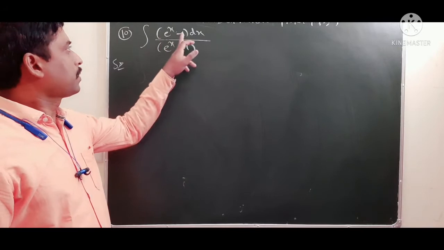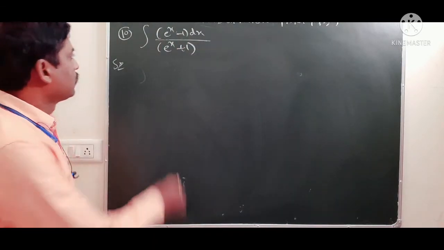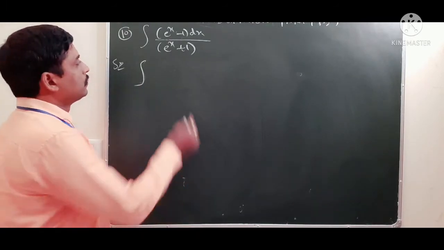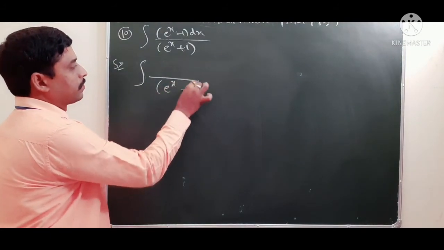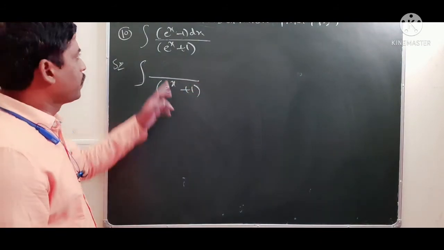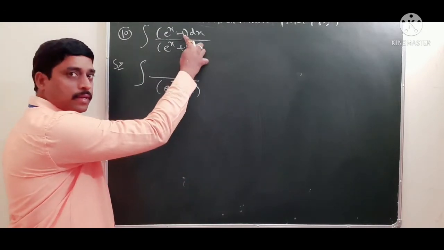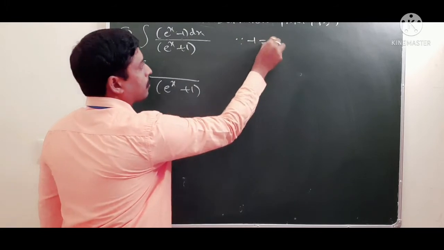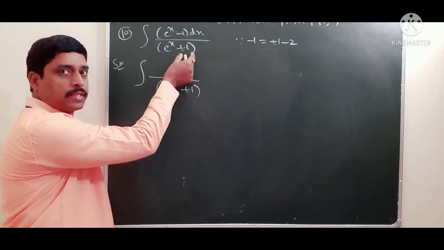Integral of e to the power x minus 1 dx by e to the power x plus 1. So this can be written as integral. First write the denominator as it is, e to the power x plus 1. So what is the numerator value? E to the power x minus 1. This minus 1 can be written as plus 1 minus 2, because in the denominator plus 1 is there.